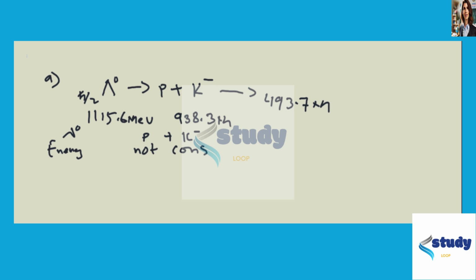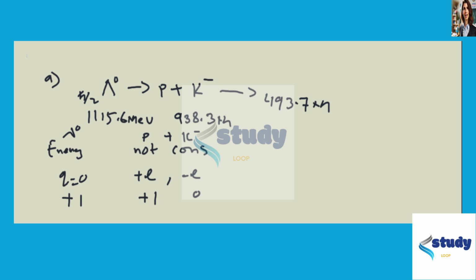Lambda has a charge of 0, so Q is equal to 0 here. The proton has a charge of positive e, and the kaon has a charge of negative e. That means charge is conserved. Lambda and proton each have a baryon number of +1, and the kaon has 0, so the baryon number is conserved.